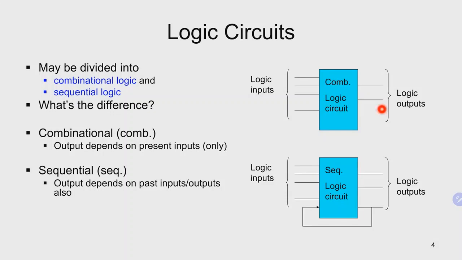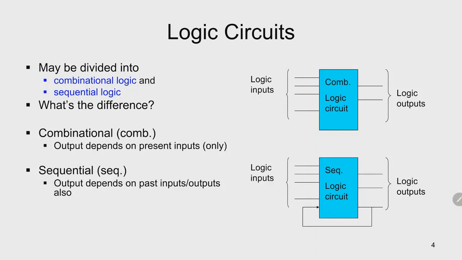So we have a combination of logic gates here, and they're going to give us some output on the other side. This output doesn't influence the outcome of this circuit. It all depends on what the input is, and that is what is meant by combinational logic.